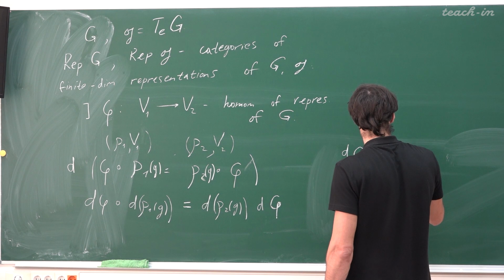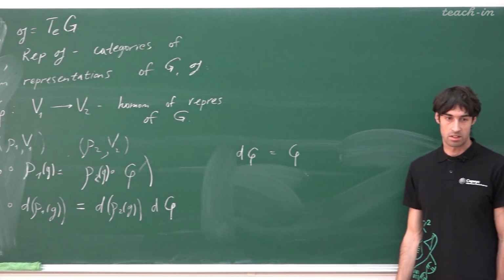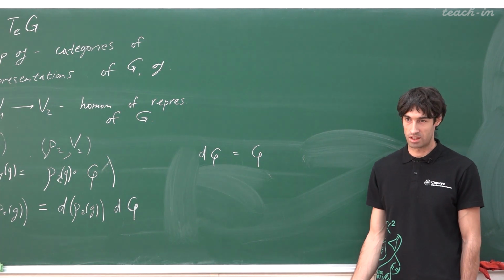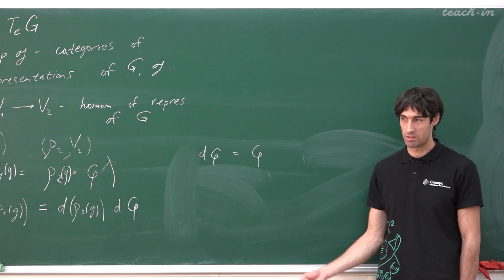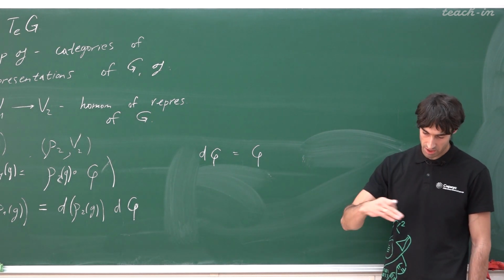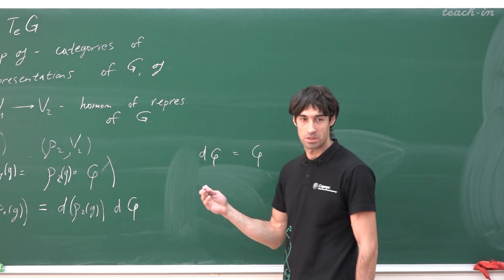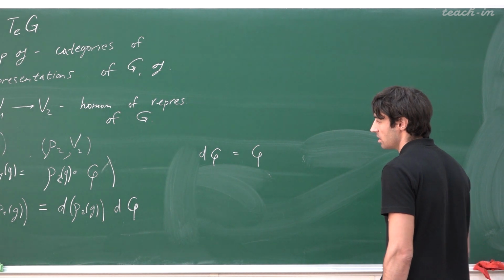So d phi is the same as phi. If you take a linear map and consider the differential, differential means that you erase everything except linear terms. So for a linear map it doesn't do anything.